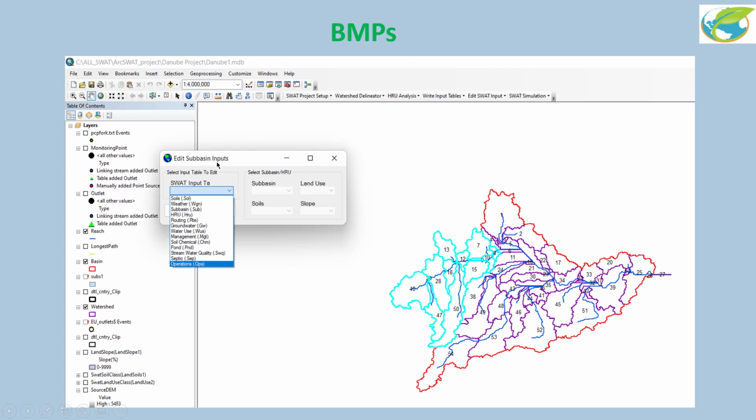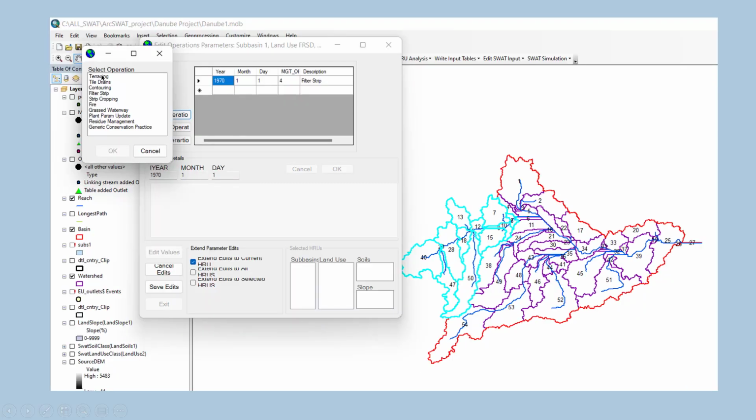So if you go to subbasin, edit subbasin inputs, at the end you have operations. If you go in that operations, you will see different BMPs that you can implement, and you just fill in the information and write the text files, and there you have that specific BMP, which is what I did for zero till and for filter strip.